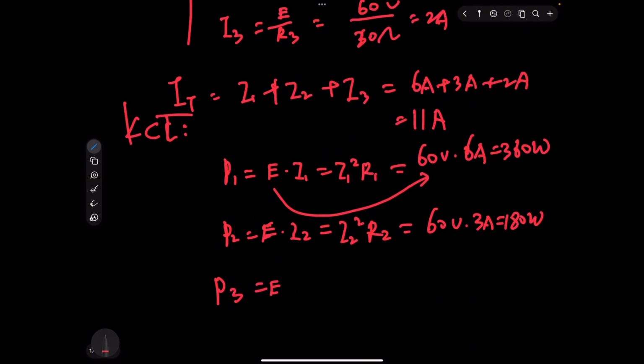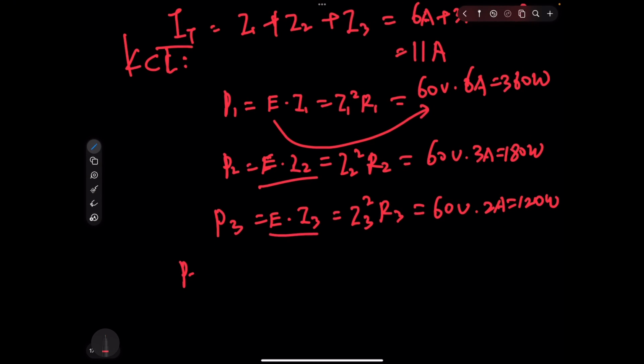P3 equals E times I3 equals I3 squared R3, if we use this, 60 volts times 2 amps equals 120 watts.